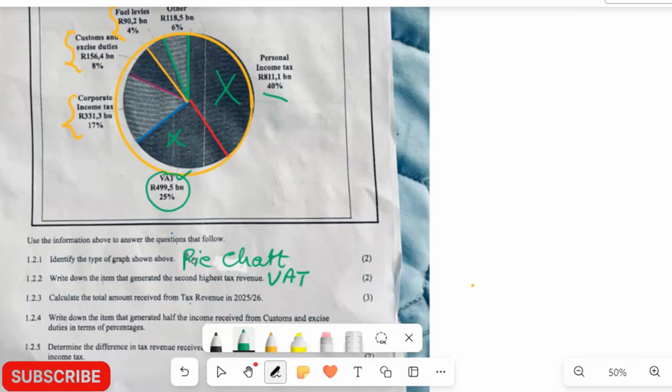1.2.3, calculate the total amount received from tax revenue in 2025-26. Well, that means you're going to add all these tax revenues.